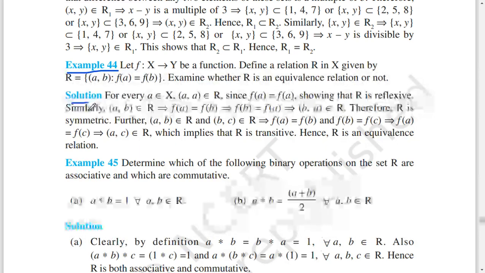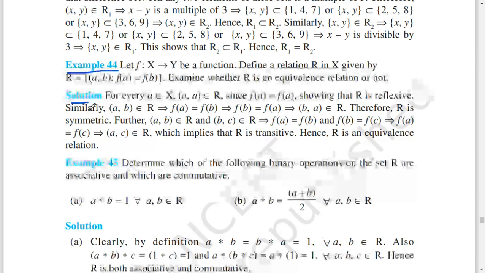Similarly, (a, b) belongs to R implies f(a) = f(b) implies f(b) = f(a) implies (b, a) belongs to R. Therefore, R is symmetric. Further, (a, b) belongs to R and (b, c) belongs to R, that is, f(a) = f(b) and f(b) = f(c), implies f(a) = f(c) implies (a, c) belongs to R, which implies that R is transitive. Hence, R is an equivalence relation.